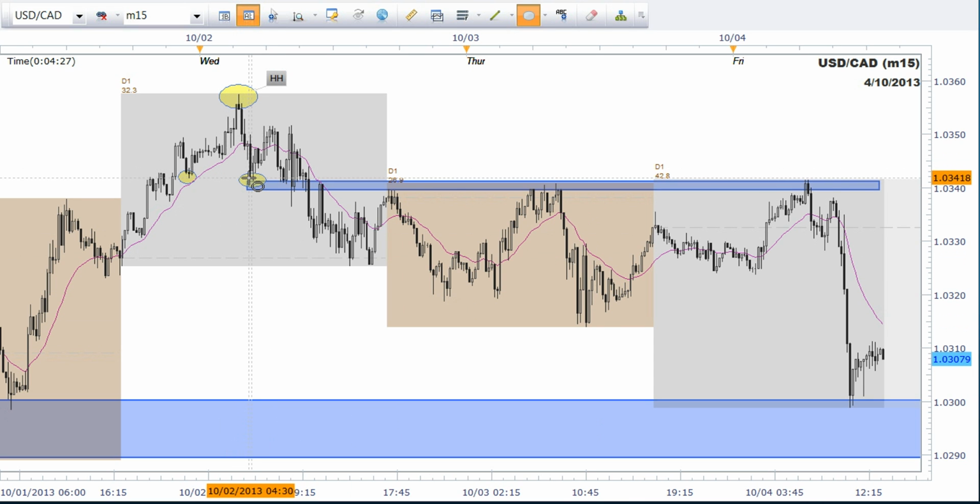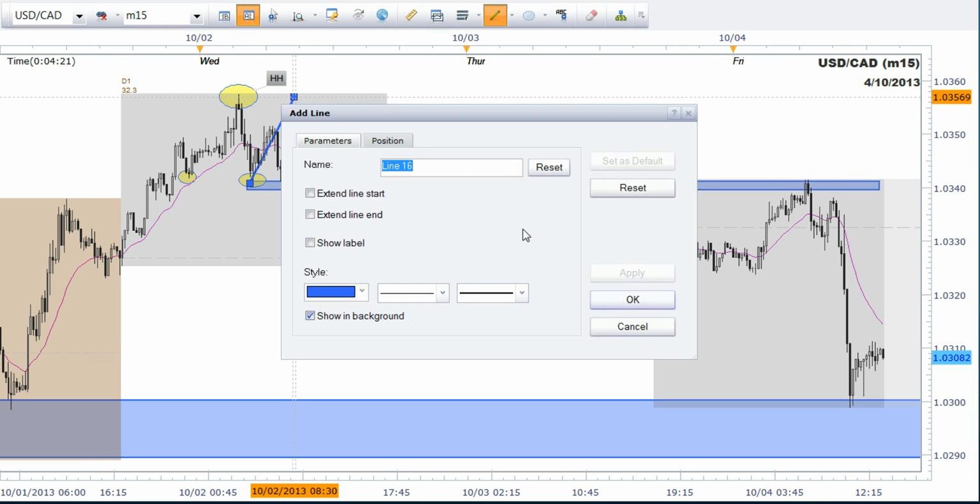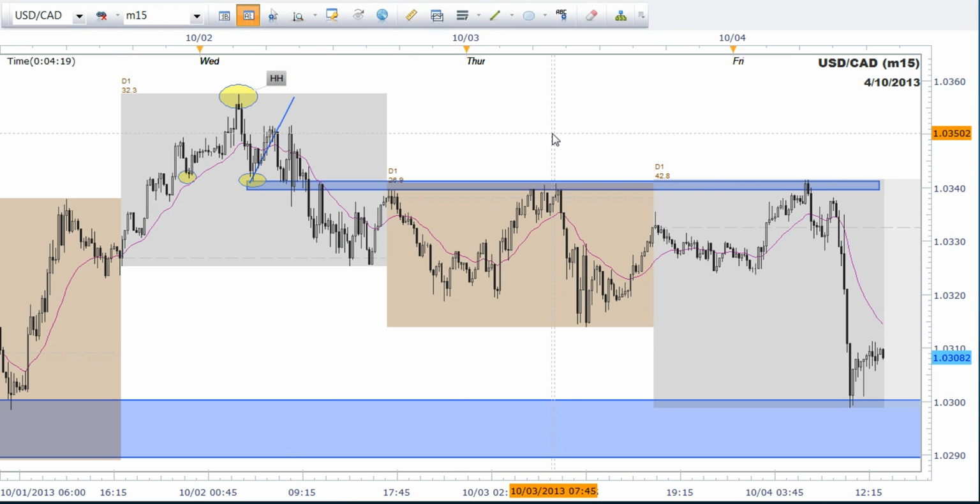And one would think that this support should move you back up to the highest high and maybe even beyond. It didn't do that, and instead, price came back into the support area.